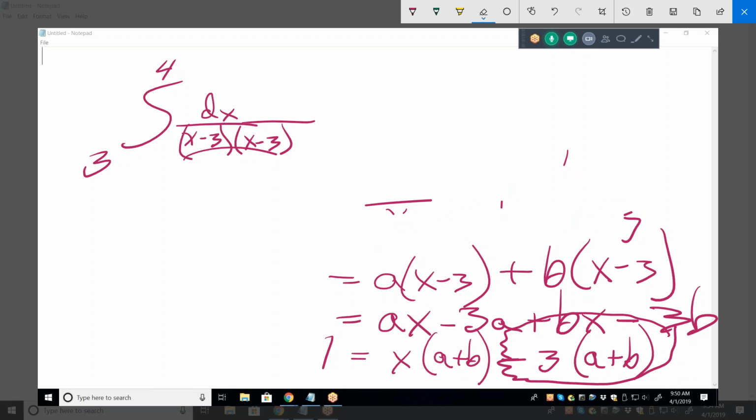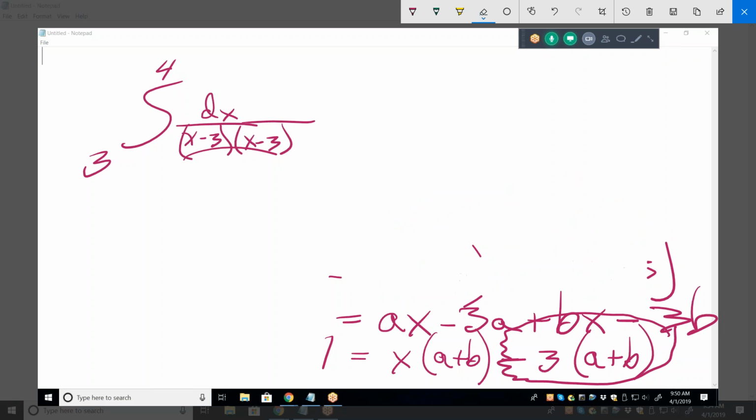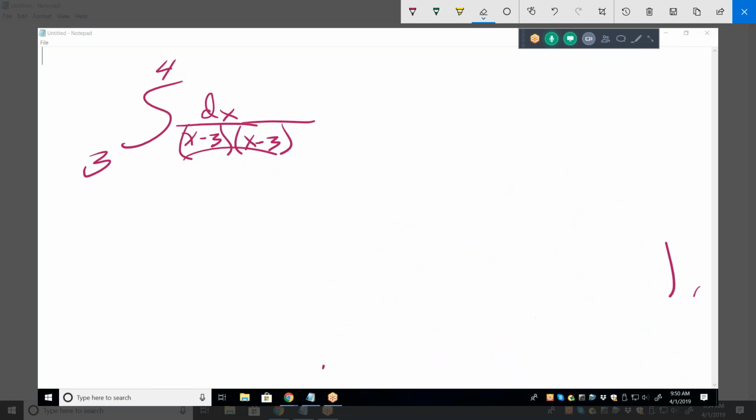Completing the square. Ah, hold on a second. What if we write this as x minus 3 squared? We don't need to use partial fractions. We can use the power rule, I believe.